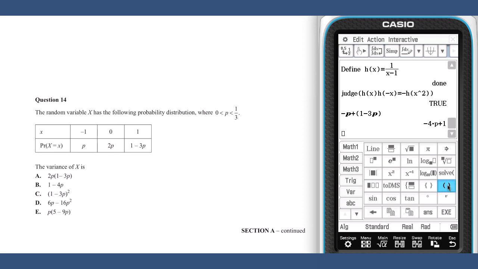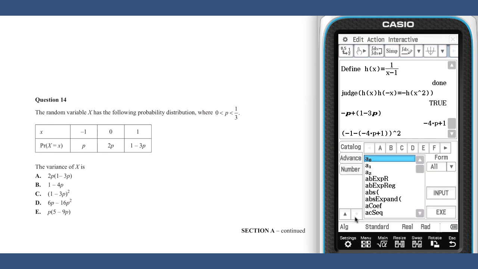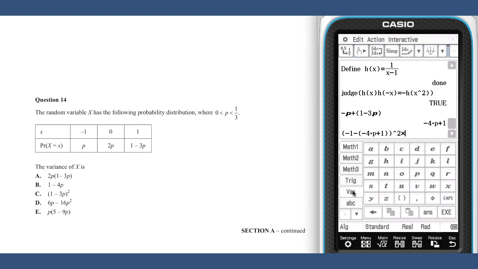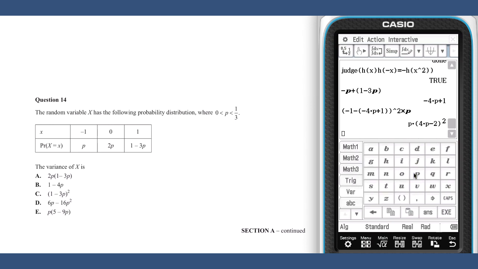So the first part of our variance will be minus 1 minus mu squared, and that's multiplied by p. In our first case, the probability is p. So the first term of our variance looks like that.